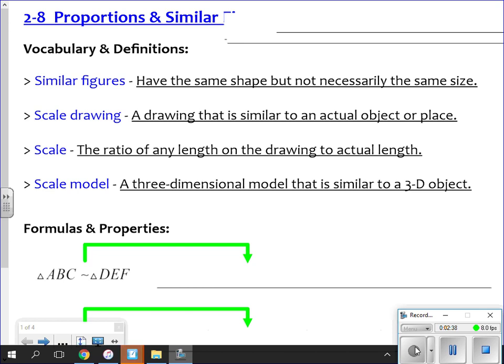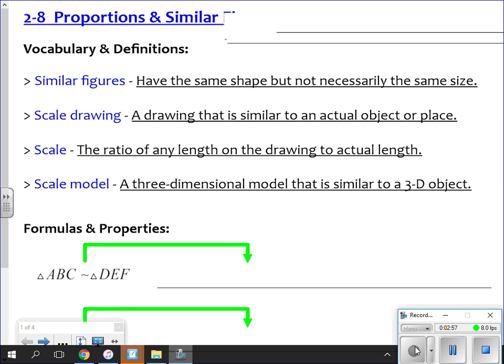A scale model is a 3-dimensional model that is similar to a 3-dimensional object. Like I said, plastic models, or toy cars, are scale models. Some are more accurate than others as far as their scales go, but those are scale models.